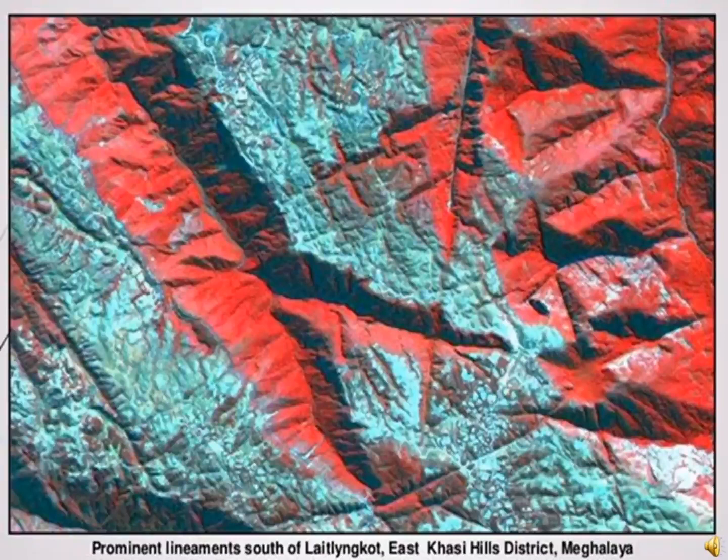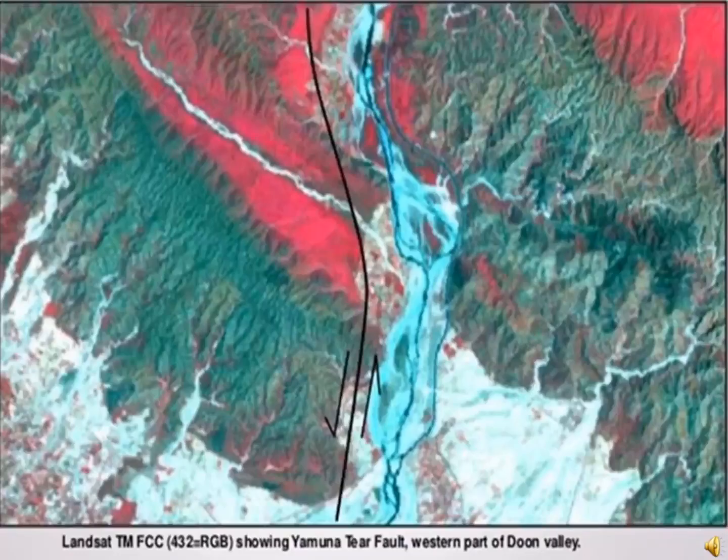In geological survey, through remote sensing, the satellite image shows various geological features of ridges, valleys, lineaments in the eastern Himalayas in Meghalaya. This satellite image shows the Yamuna basin near Doon Valley.